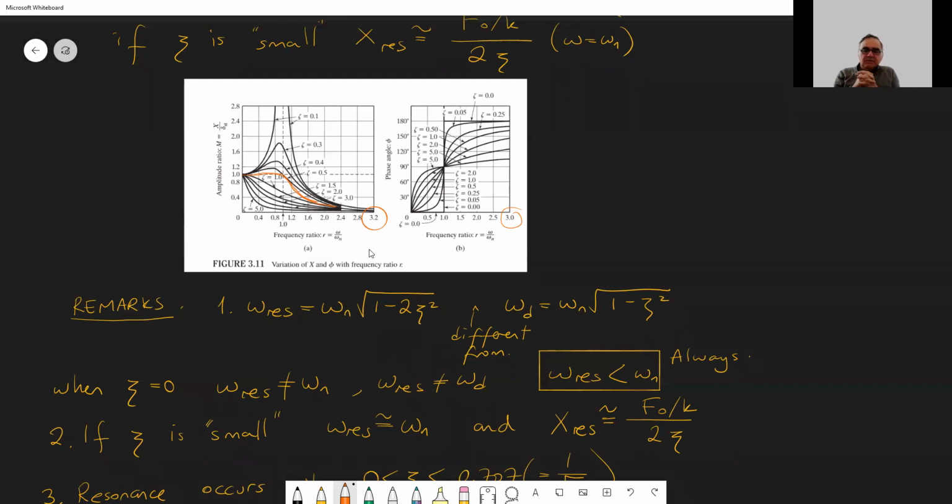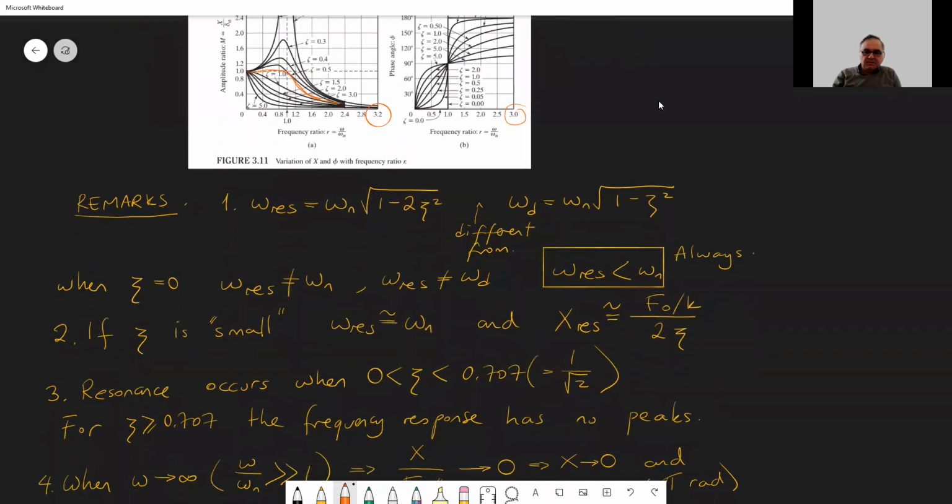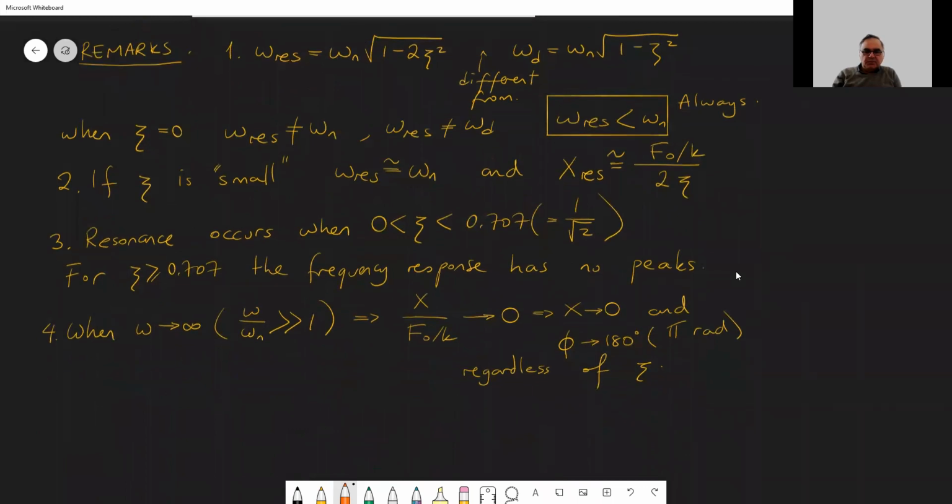And the response is going to be out of phase because all the responses eventually go to 180 degrees of phase difference. So for very high frequencies, the system does not respond very well to a forcing.